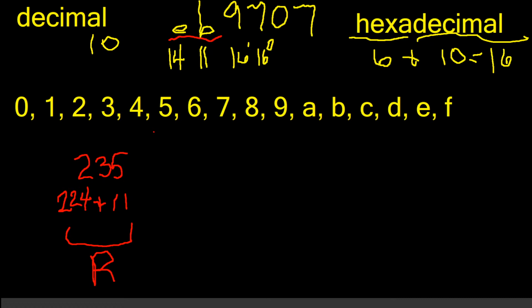We do the same thing with our green value. Right? Our second pair of numbers here is our green value. Seven times 1 is 7. Plus 9 times 16. 9 times 16 is 144.